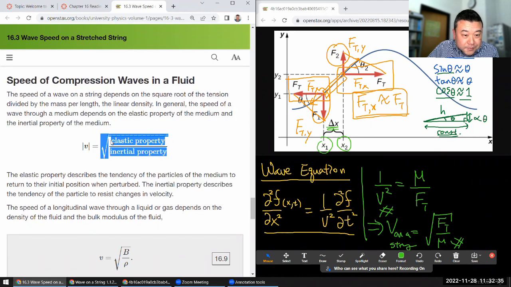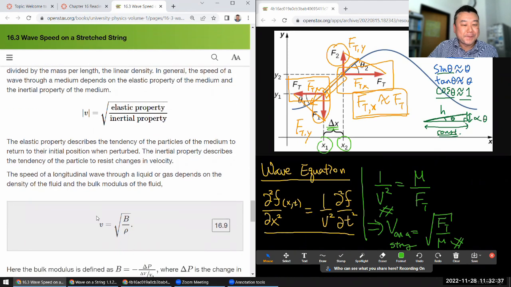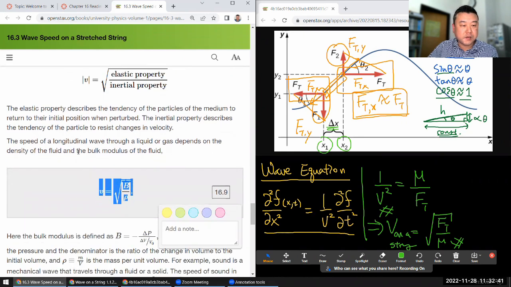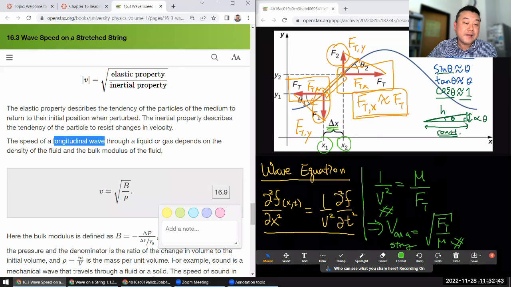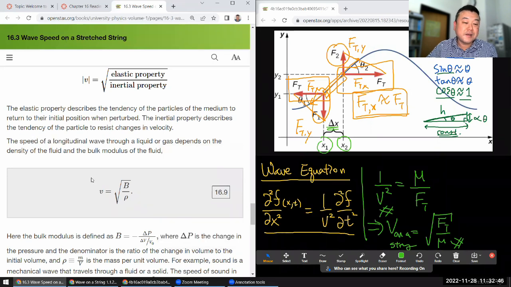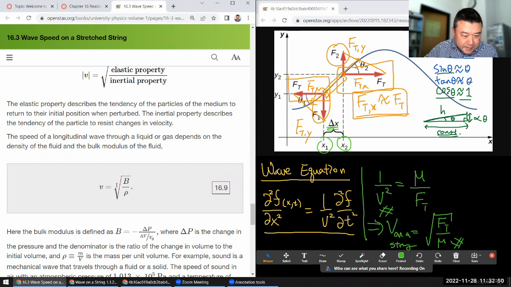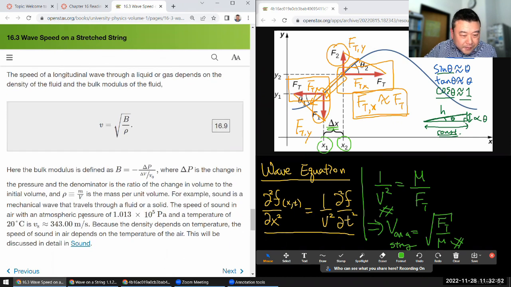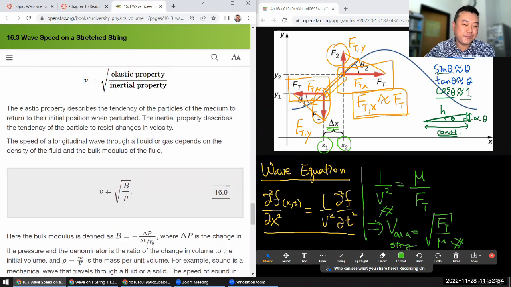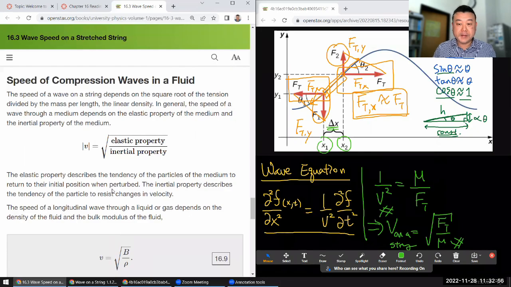All right, that's interesting. So here they just give you the formula for the speed of the longitudinal wave. That's a sound wave, so this could be describing the speed of the sound wave, I think. Well, we won't go into detail there.